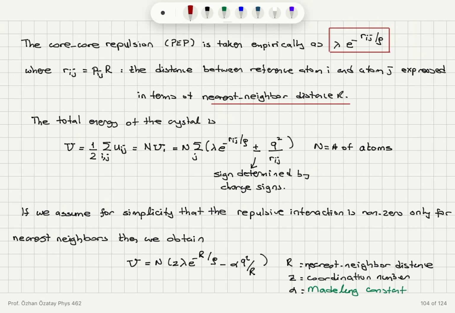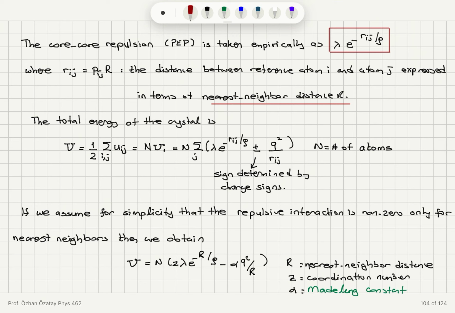Now the total energy of the crystal will be the sum over i and j, so we go through all atoms and find their pair potentials and add them up, but we will be double counting in that case, so we have to divide it by 2. Or it's the number of atoms multiplied by the potential energy of the ith atom.